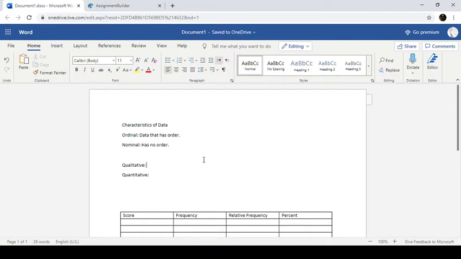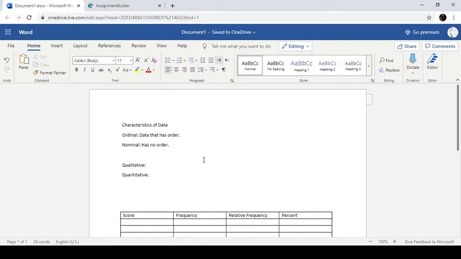The next two characteristics that data can have are qualitative or quantitative. This isn't opposed to ordinal and nominal. In addition to ordinal and nominal, our data can also be either qualitative or quantitative. Qualitative data is, again, something like color. Color is a quality of that shirt. It's describing the shirt.